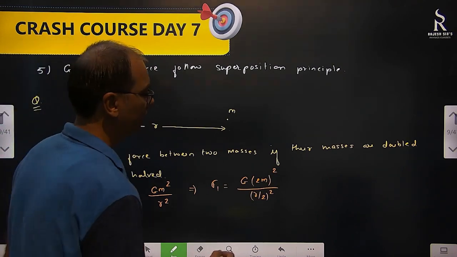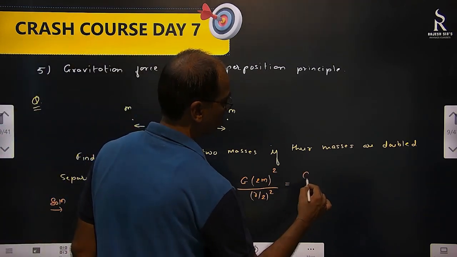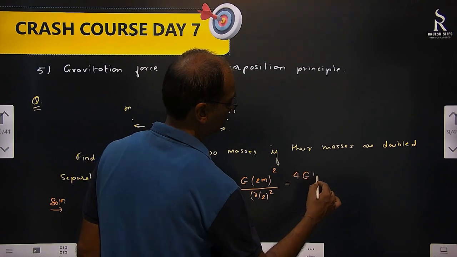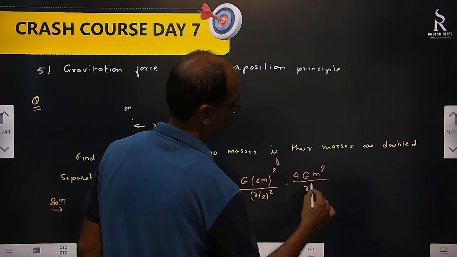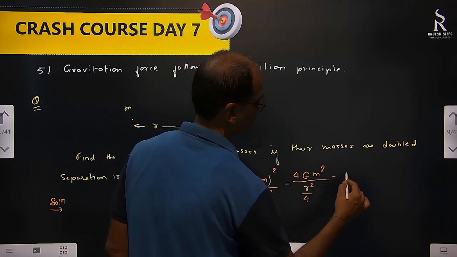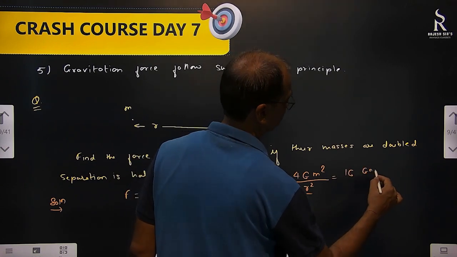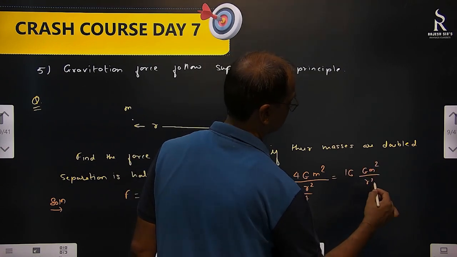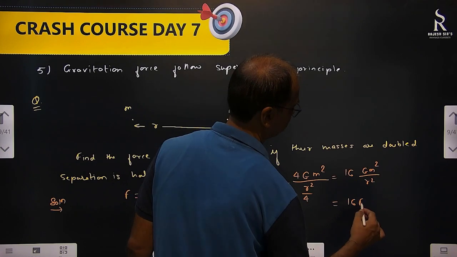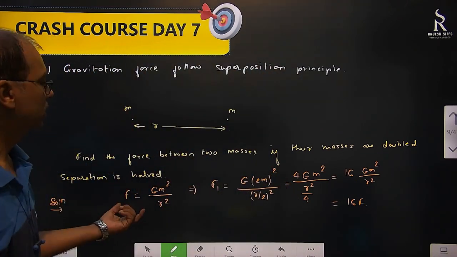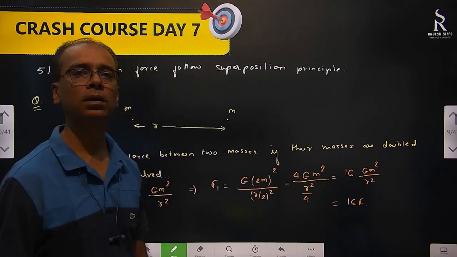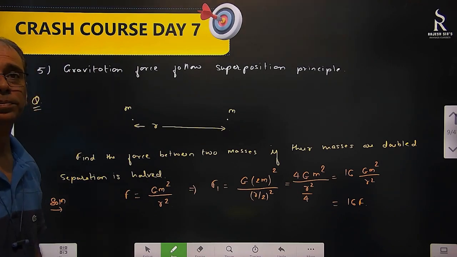Right, so what has this become? This is 4G m square by R square by 4, which is 16 G m square by R square. The force has become 16F. This is F, this is 16F. So many questions will be like this.